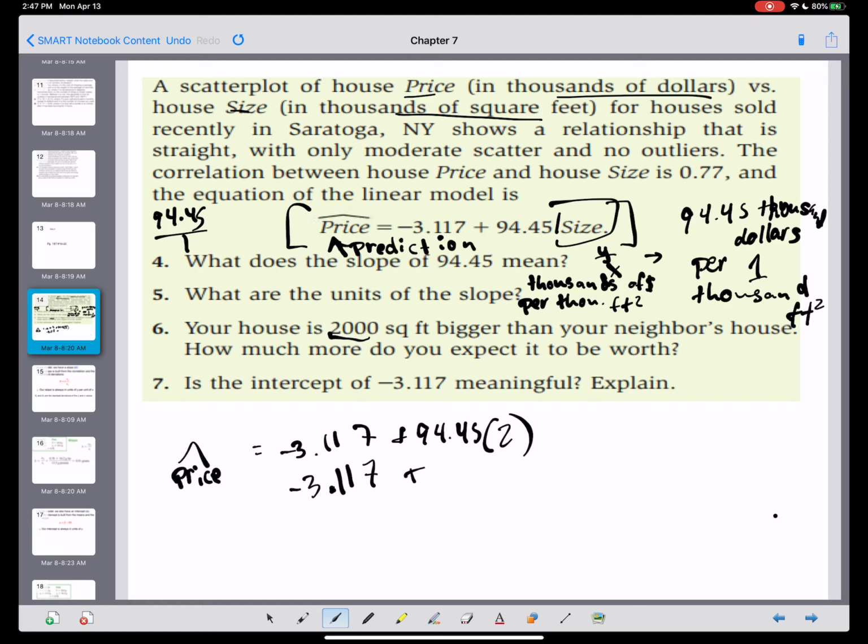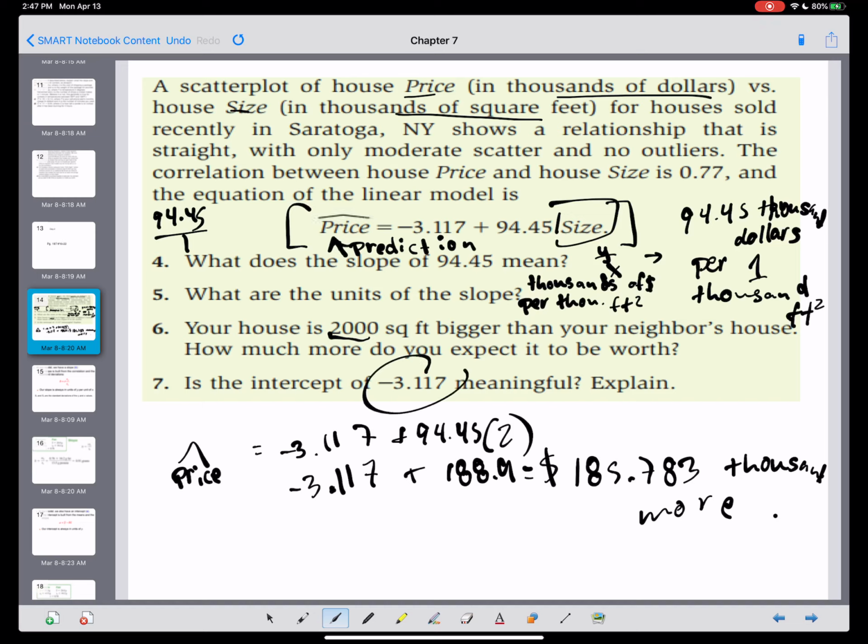You can kind of predict it using that logic: oh, this number stands out too much. So 188.9 is equal to 185.783. So your house is probably worth about $185,783 more. Right? Remember, it's in thousands.